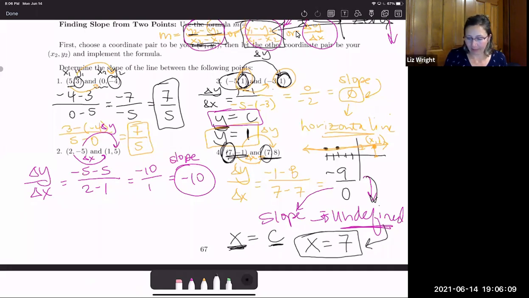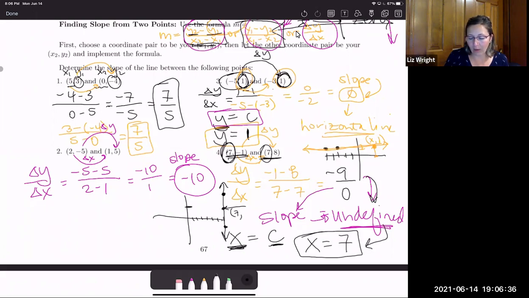And think about that. Let's draw a little postage stamp graph and you can prove it to yourself, like 7, -1. So 7 is going to be 1, 2, 3, 4, 5, 6, 7, 7, -1. And then 7, 8 is going to be way up here. And then if we were drawing that line, that's a vertical line. I have no idea what this ordered pair would be, but I know our X value is going to be +7.